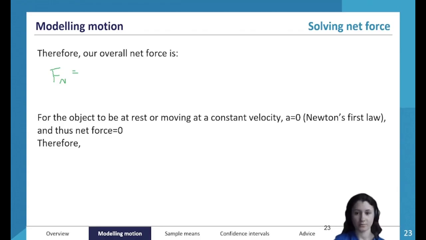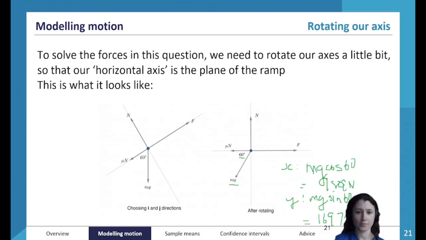Alright? So, in the i component, we have mu n and f. Mu n and f.